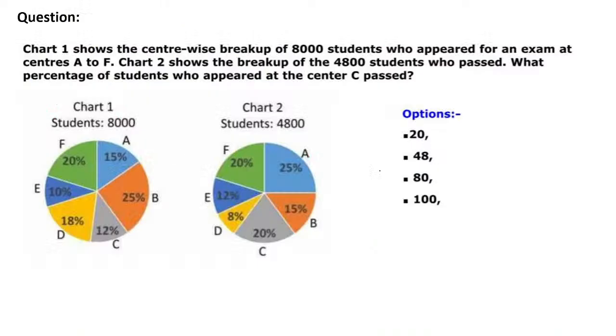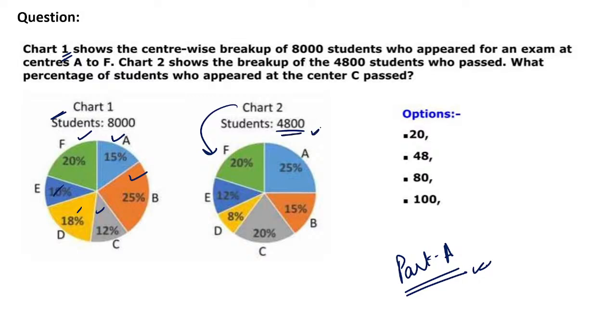Let's begin. This one is a part A question, a general aptitude question, in which chart A shows the total number of students from the various centers who have appeared in the examination, and chart B showcases the number of students who passed that particular test, right? Now, the question is asking you, what percentage of students who appeared at Center 3 passed?